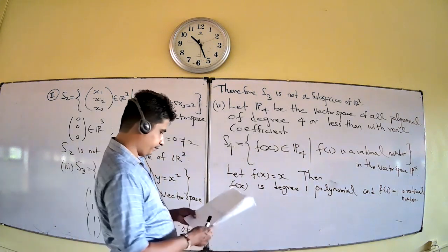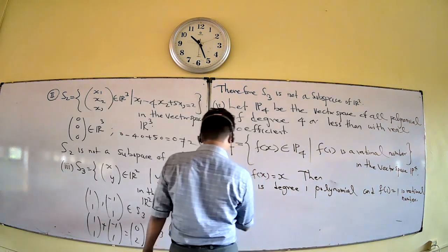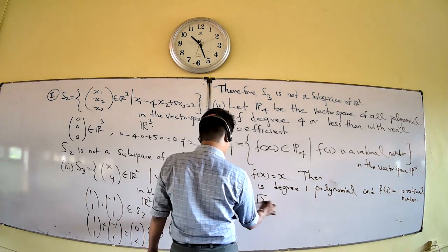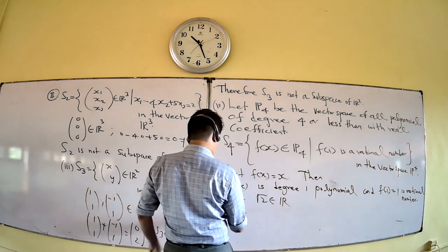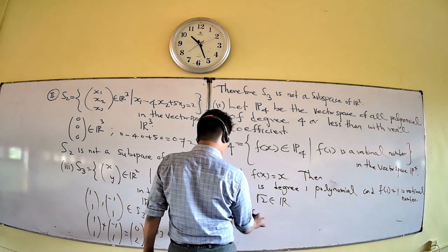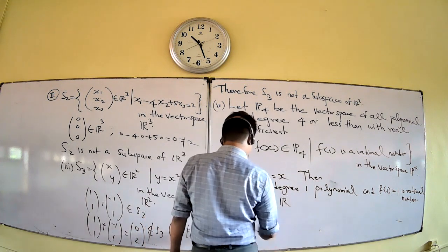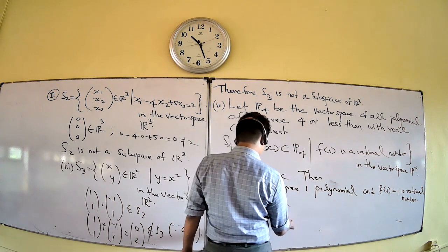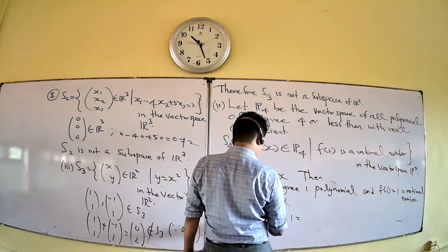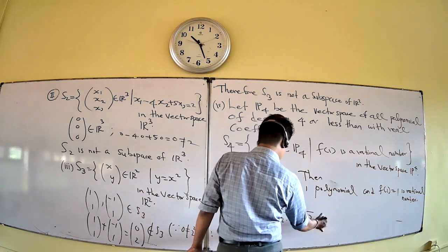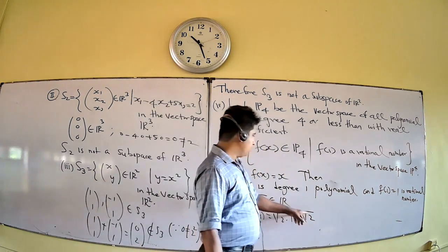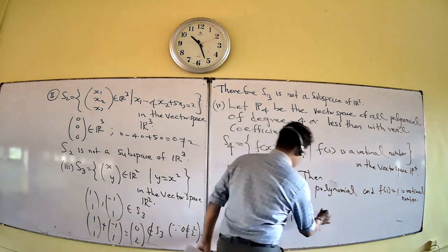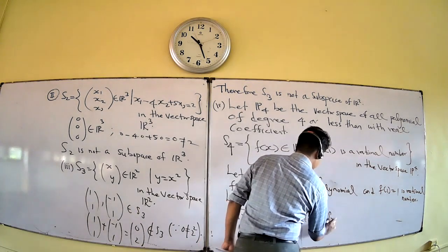So let you take root 2 belonging to the reals. Then scalar multiplication: root 2 times f of 1, where f of 1 is 1, then you get root 2. This root 2 is not an element of S4. Why?